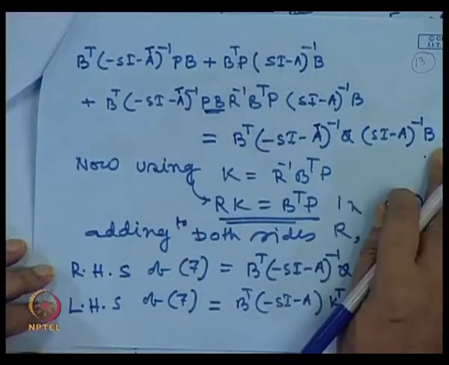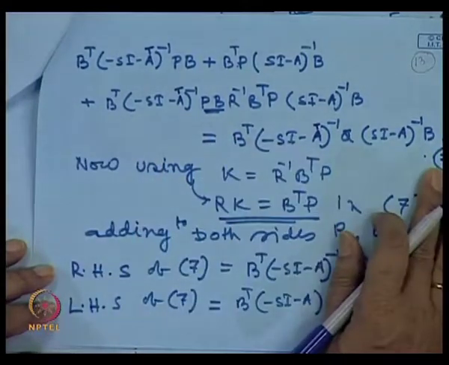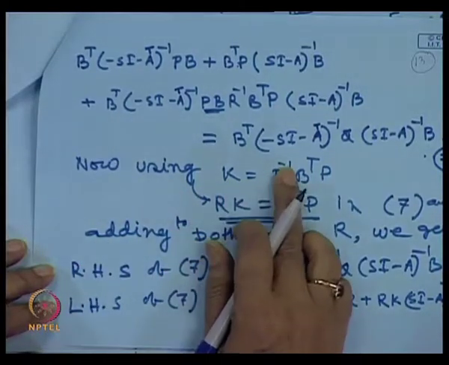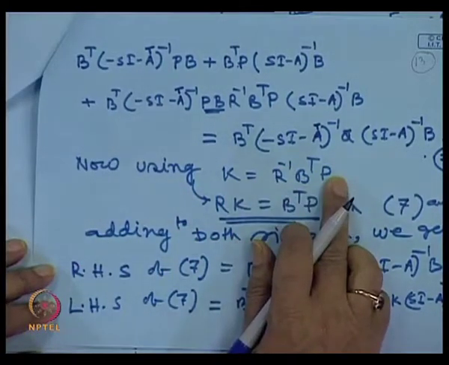Now from equation 7, we know that our controller gain is R inverse B transpose P, agree.